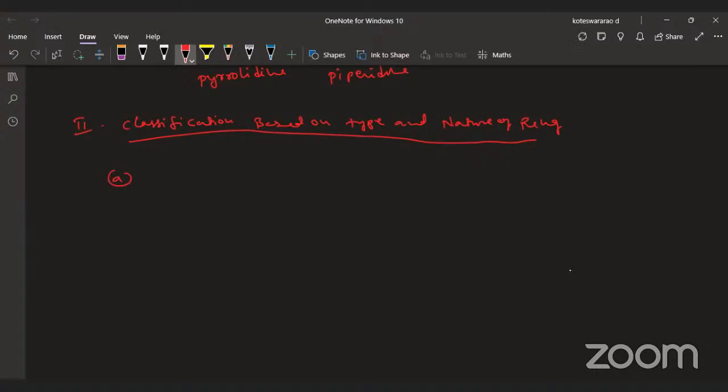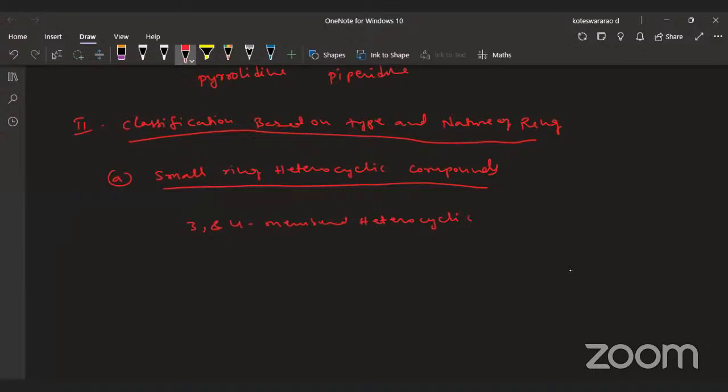The first type is small ring heterocyclic compounds. Three- and four-membered heterocyclic rings are called small membered or small ring heterocyclic compounds.